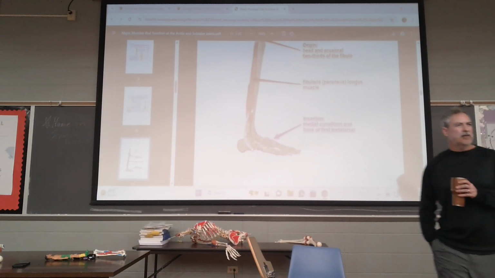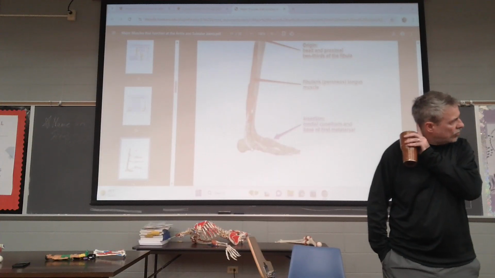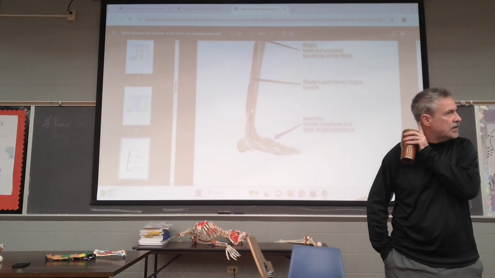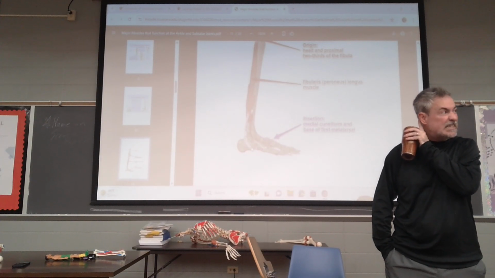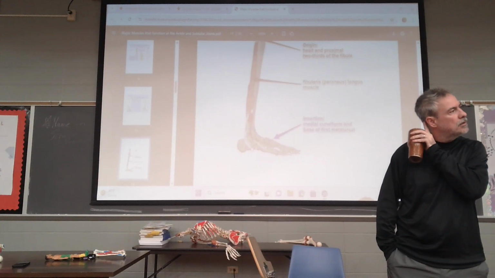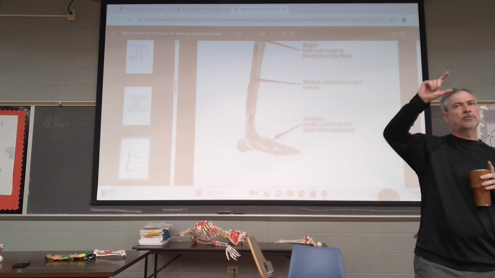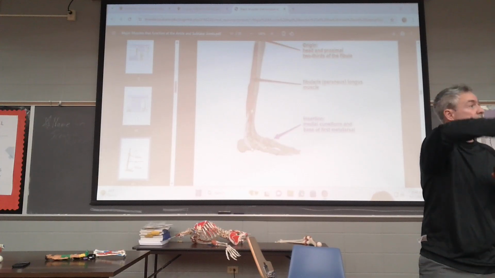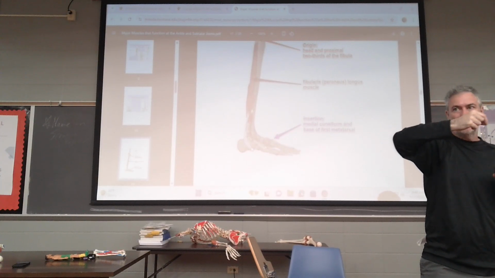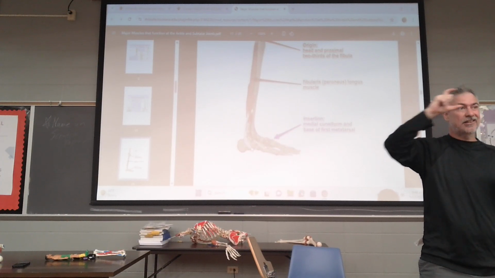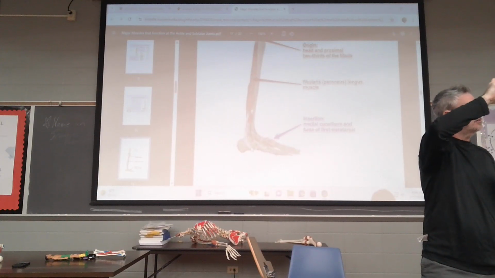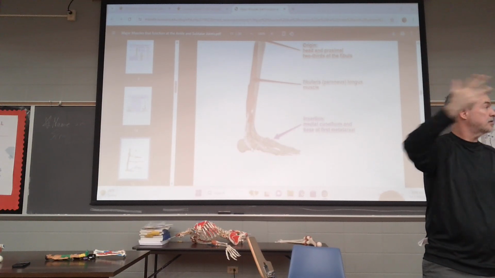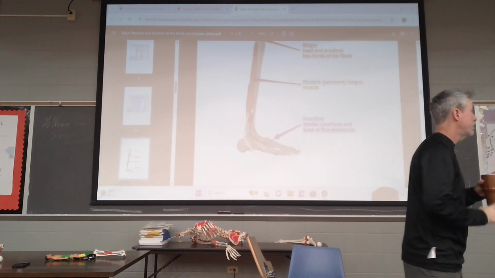Longus and brevis, I think I mentioned this for hip muscles, is actually an inference of tendon length, not muscle length. So when a muscle ends early and becomes a tendon early, that tendon is long. A longus muscle actually has a relatively short life as a muscle. The tendon is like a long tail.